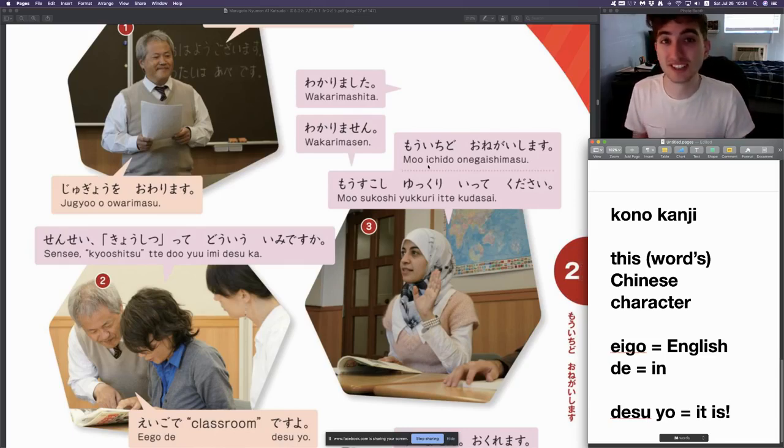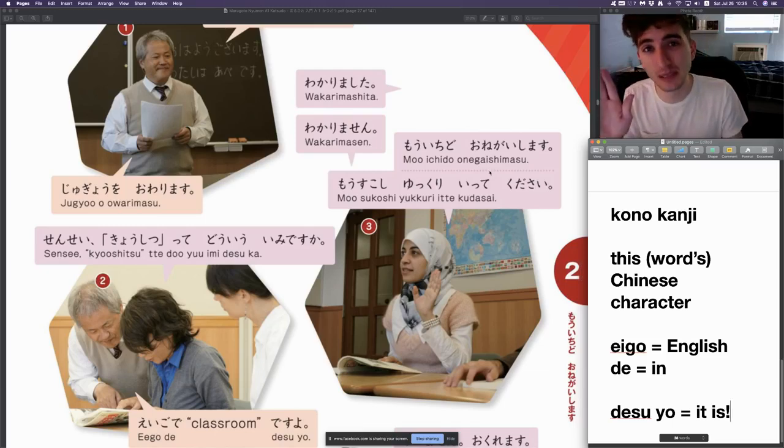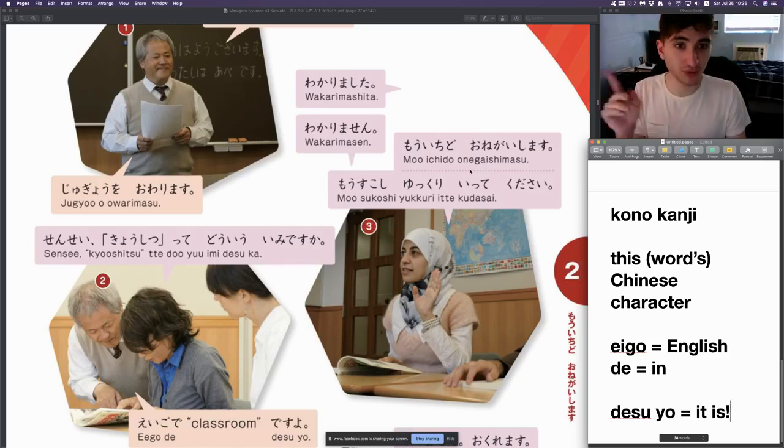If you want me to say it again, もう一度お願いします. Similar to ください, お願いします can mean please. Could you please do this again? もう一度お願いします.